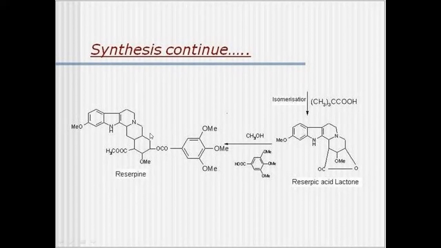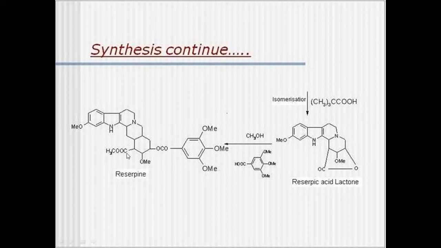So this is the actual carbon skeleton of reserpine, and here this is the first ester linkage between the benzoic acid and reserpic acid. So this is the alcohol present in the reserpic acid, and this is the acid group present in the benzoic acid. They combine, 1 molecule of water is lost here. You will get the ester linkage.